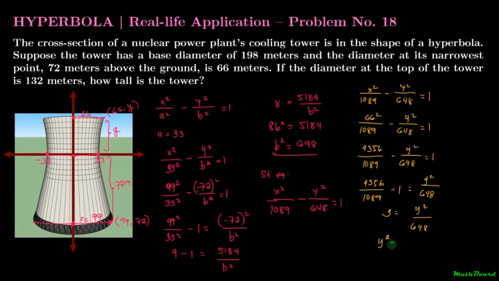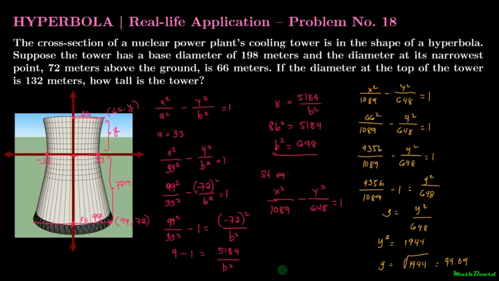So, y squared equals 3 times 648, 1944. Then kunin ang square root ni 1944. Square root ng 1944 is 44.09. Ngayon, ano ang height?